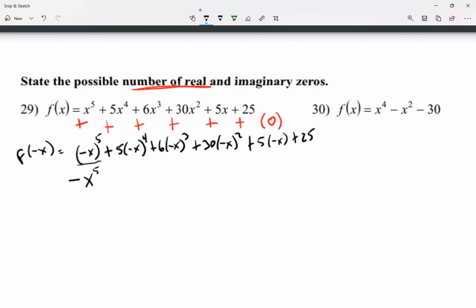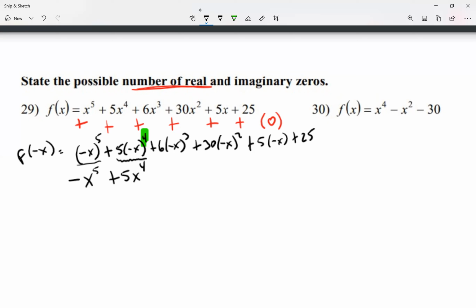When the exponent is even, like in this second term, because you have an even amount of negatives, they cancel out, so it becomes a positive 5x to the fourth. When my exponent is odd, my negative sign stays.